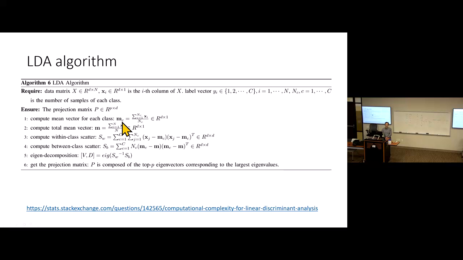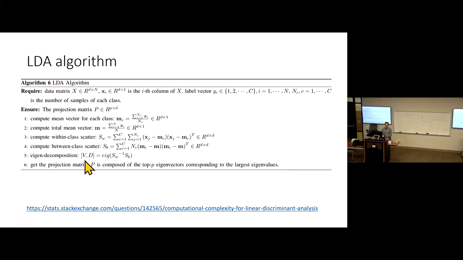If you have 2 groups, C will be 2. If you have 3 groups, C will be 3. So for each group you compute the average. Then you compute the total average mean vector. And then there are several matrices you want to compute, the within-class scatter and the between-class scatter.